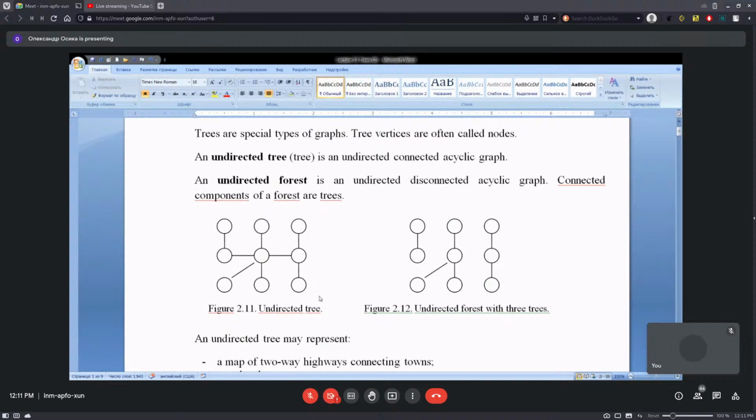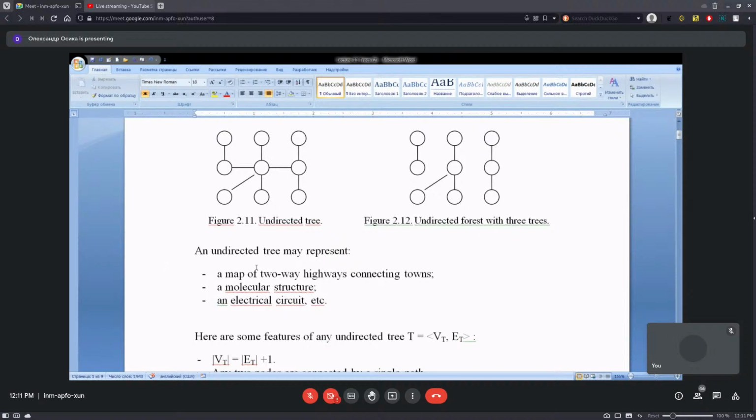But I decided to copy it from the book, since now it's not the time to visit libraries. So this is a tree. And here, undirected, disconnected, because here we have three components, one component, two components, three components. And each connected component is a tree.